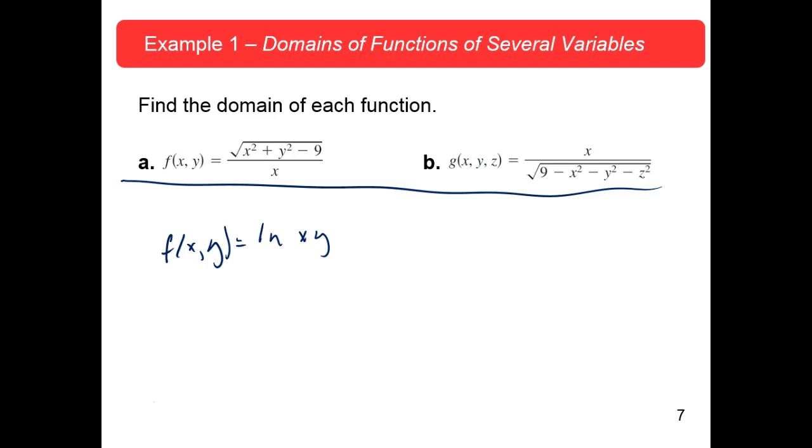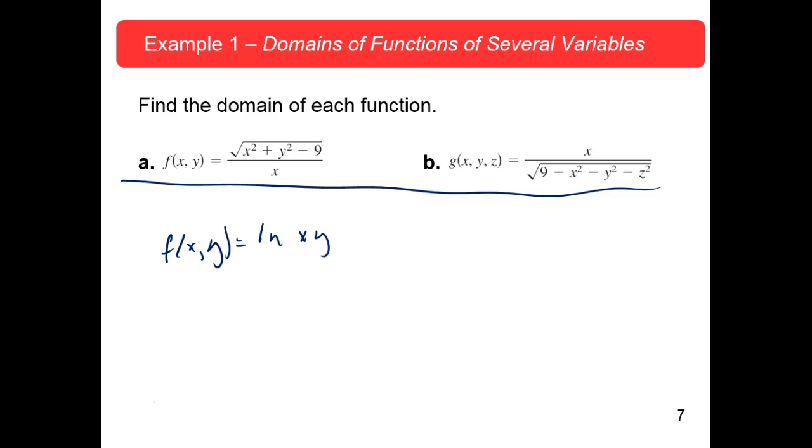Now, what's the domain of that function? A domain now is a set of ordered pairs for x and y. What do you remember about the log function? There are two really important features.